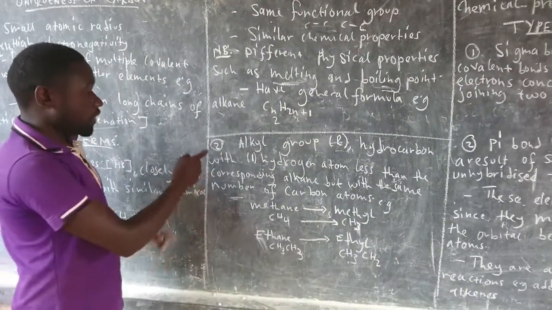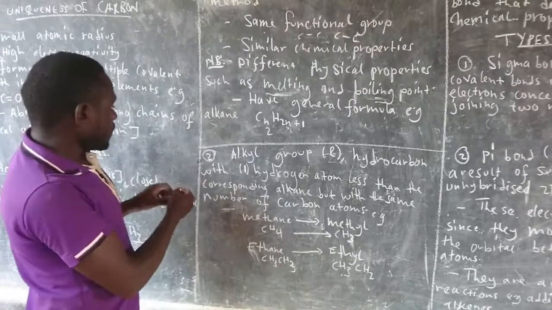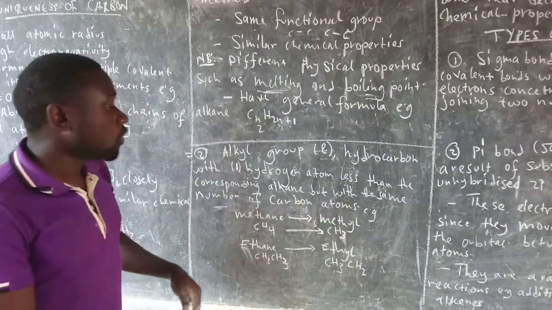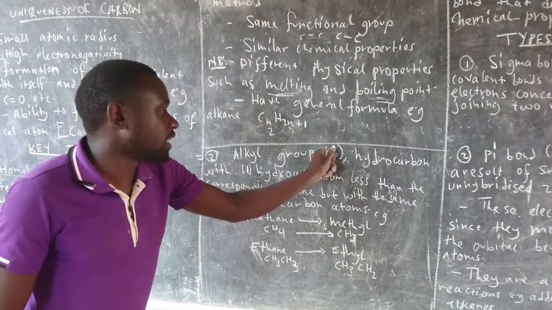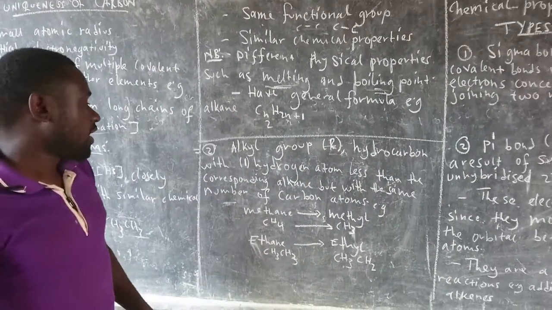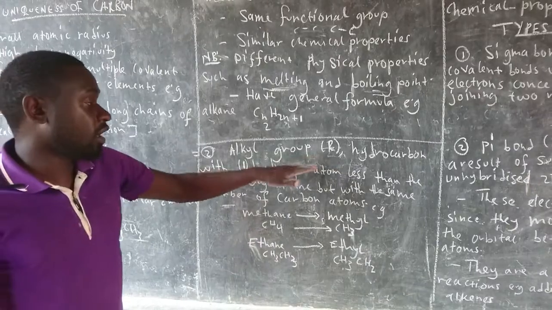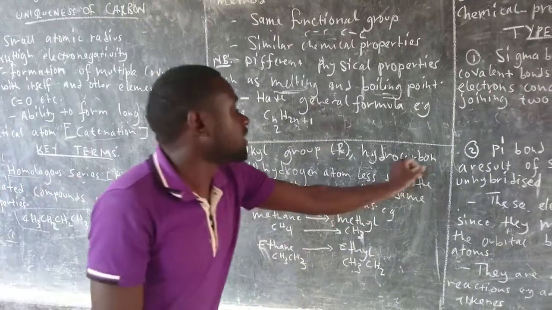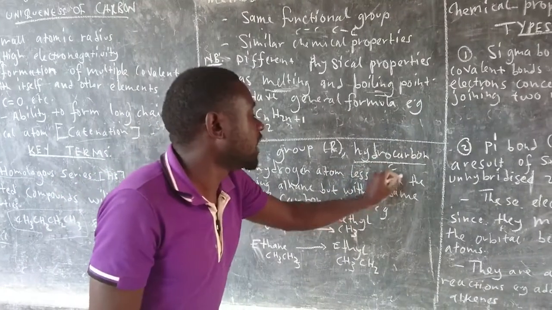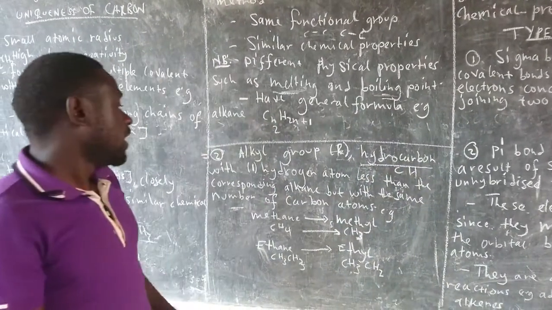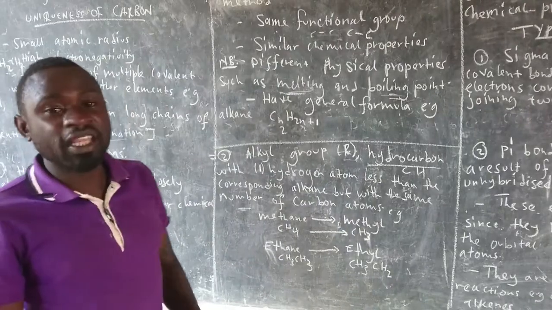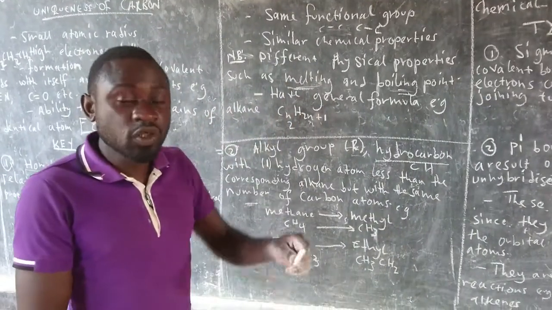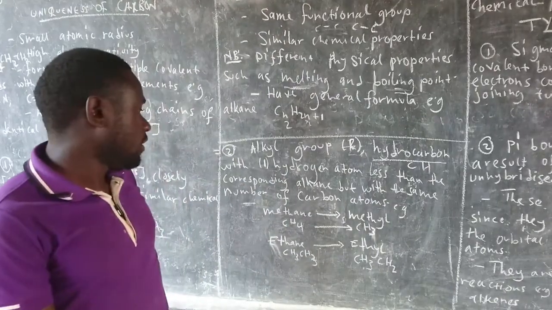Then the second key term is the alkyl group, which sometimes is written as letter R. These are hydrocarbons, compounds with carbon and hydrogen, having one hydrogen atom less than the usual alkane.